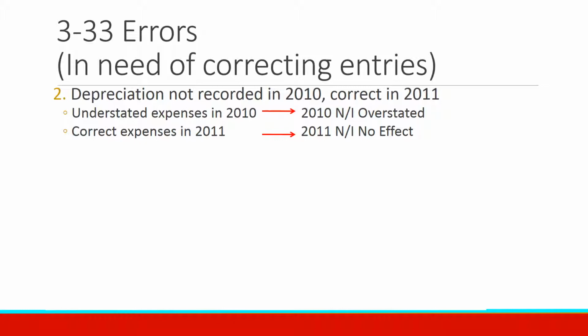What it says in the problem is that depreciation was correctly reported in 2011. So what that means is if the depreciation expense is correctly reported, it's the number that should have been in 2011 all along, regardless of the mistake. So if we have the correct expense in 2011, then net income in 2011 is correct.